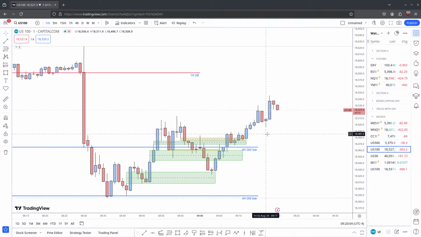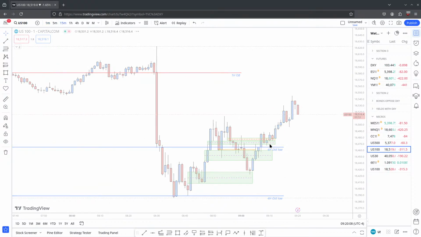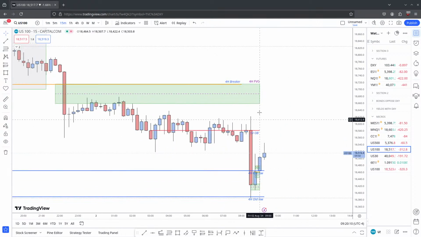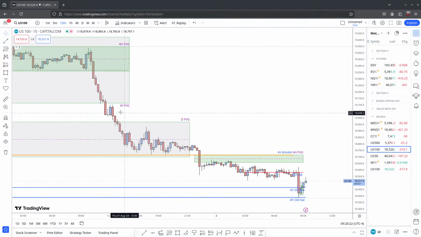9:20. We still have lots on the board here above us. We still have equal highs above us here, a lot of equal highs. And we still have yet to take out anything since yesterday.